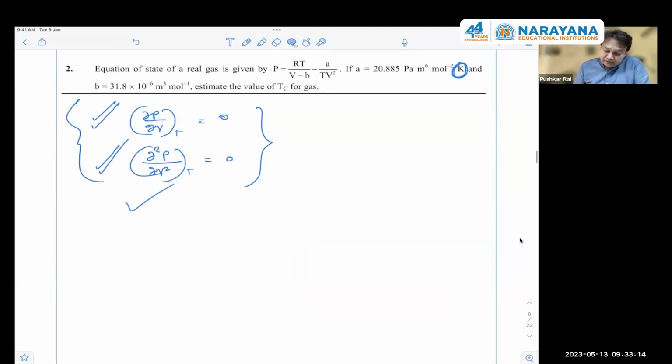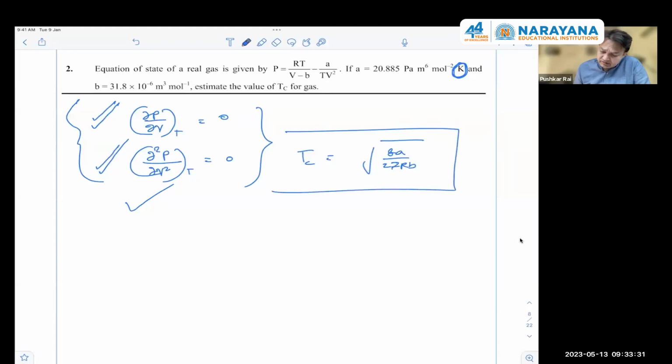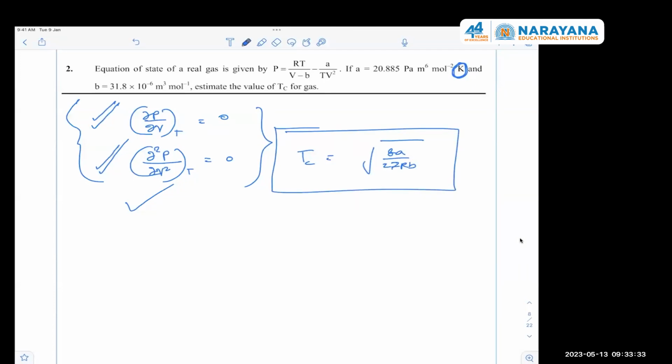From this discussion, it is clear that if you differentiate and set up these two equations, you will get the TC expression. I don't remember it, but it comes out to be 8A upon 27 RB. Is it R square B?